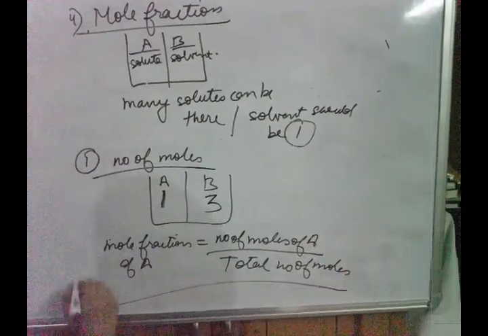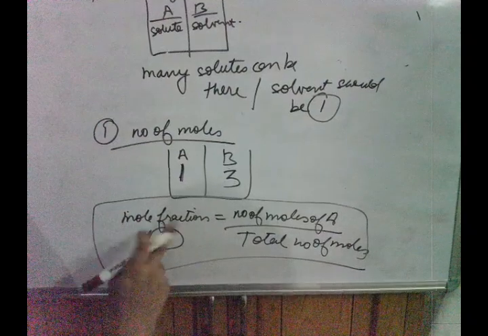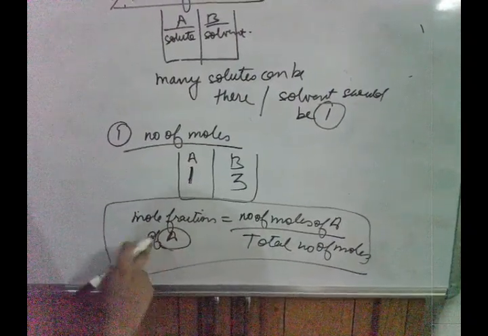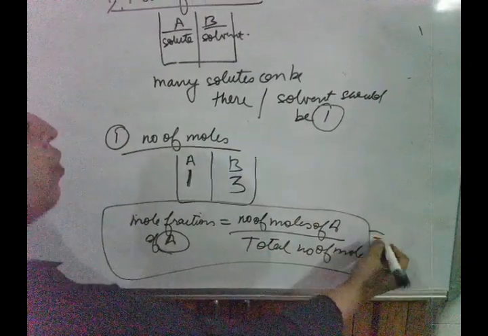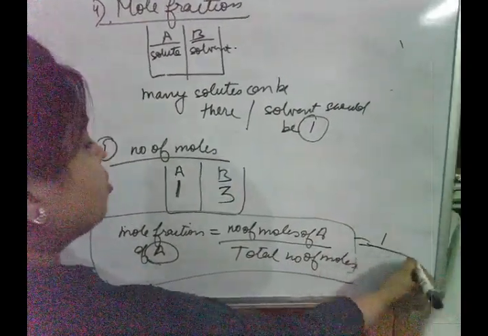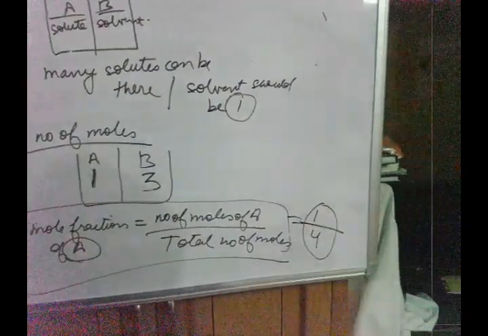This is the formula. Mole fraction of one component, either solute or the solvent, is number of moles of A, which they have given you as 1, by total moles, that is 1 plus 3, that comes out to be 1 by 4.